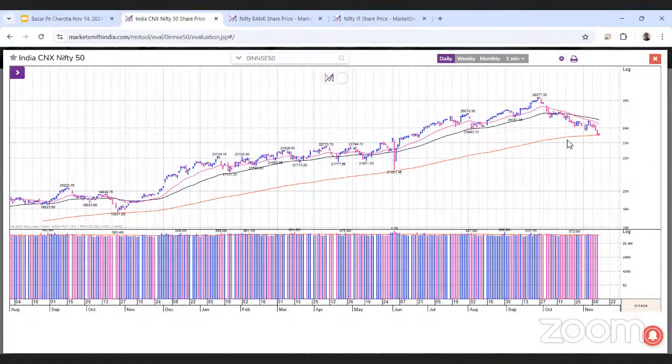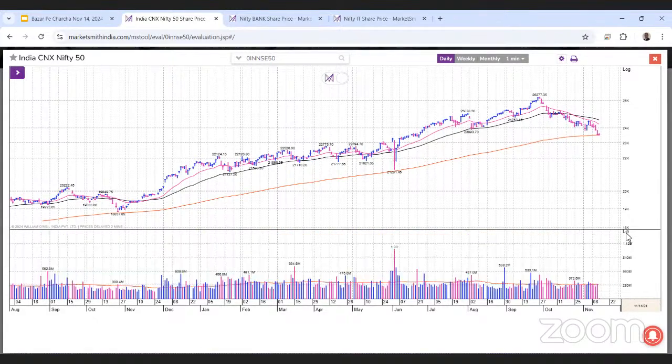My expectation was around the 23,400 zone. Today it has already reached up to 23,500. So I can say that more or less the market is moving as per our expectation. The market has been in a clear-cut downtrend for almost the last 7 weeks, and it is clearly forming a lower top, lower bottom formation.